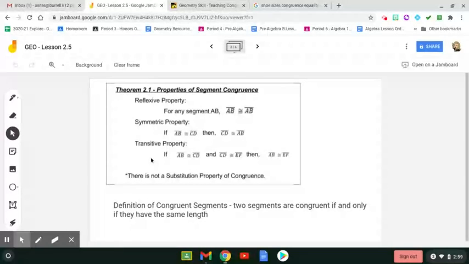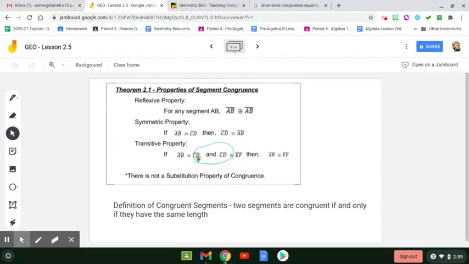And then we have that middleman property from equality, but it also works for congruence, the transitive property. If segment AB is congruent to segment CD, and segment CD is congruent to segment EF, then cutting out the middleman, segment AB is congruent to segment EF. And again, that middleman that we're cutting out here is segment CD.